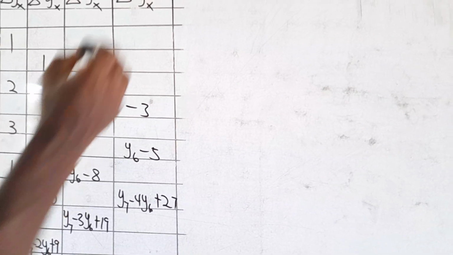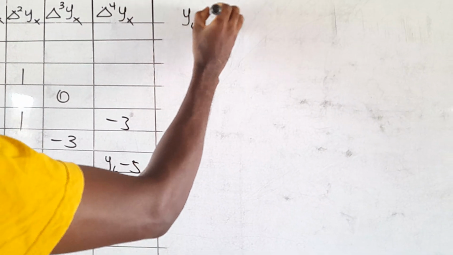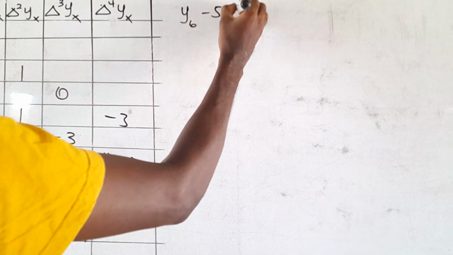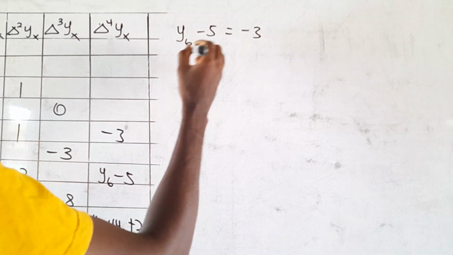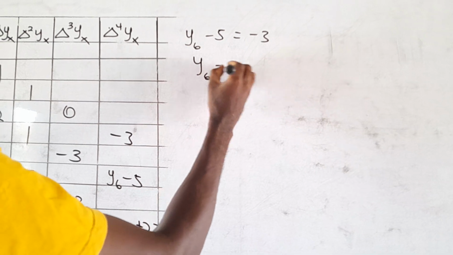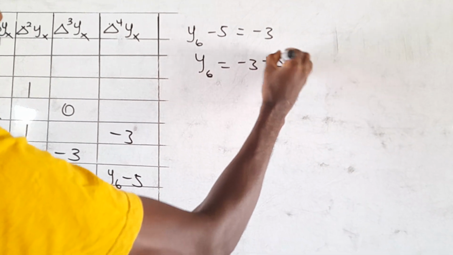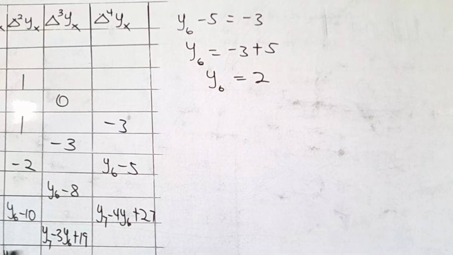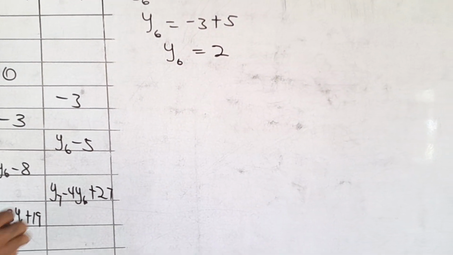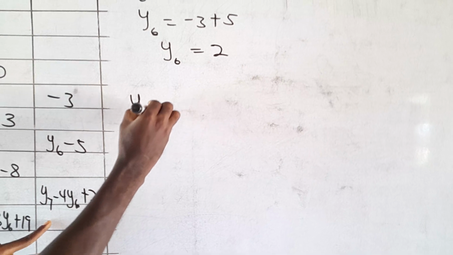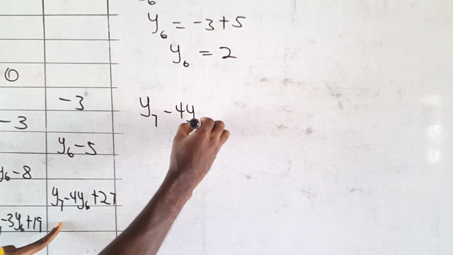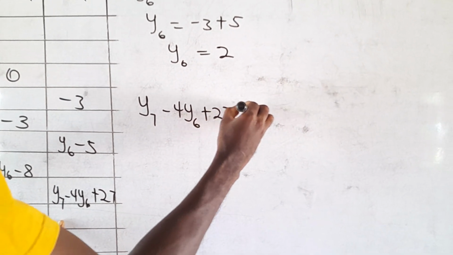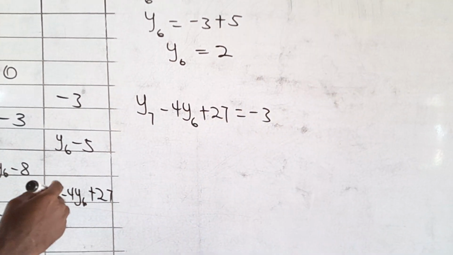So y6 minus 5 is equal to negative 3, so y6 will be equal to negative 3 plus 5. y6 is equal to 2. So we know our y6 now to be 2. Also, y7 minus 4y6 plus 27 will give us negative 3.